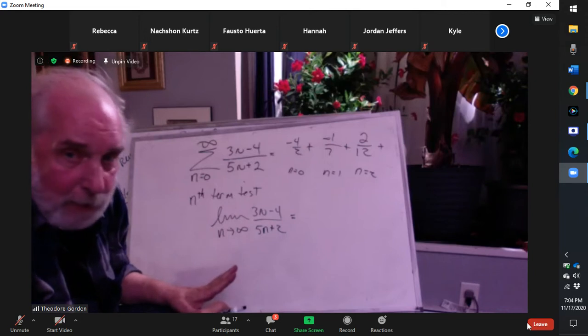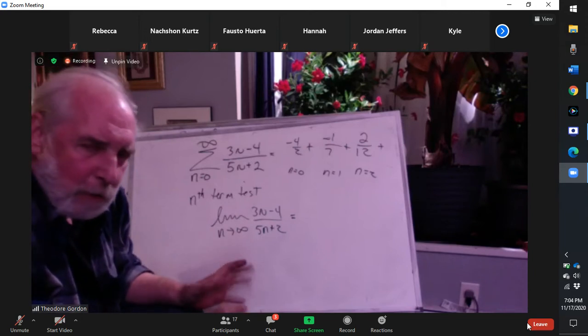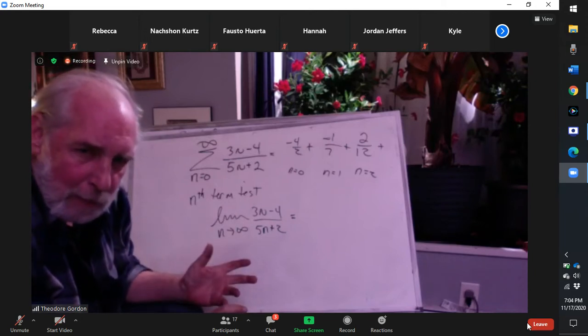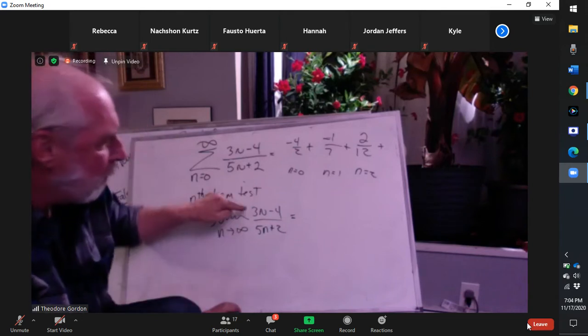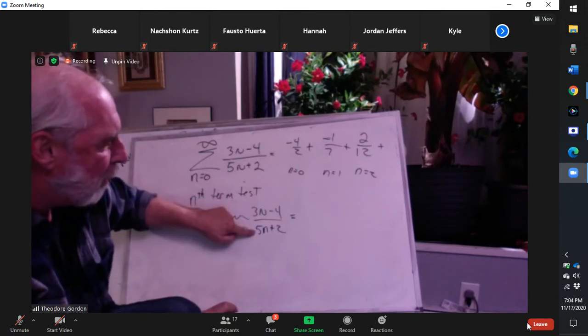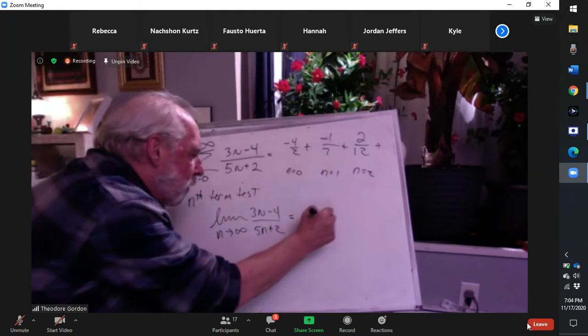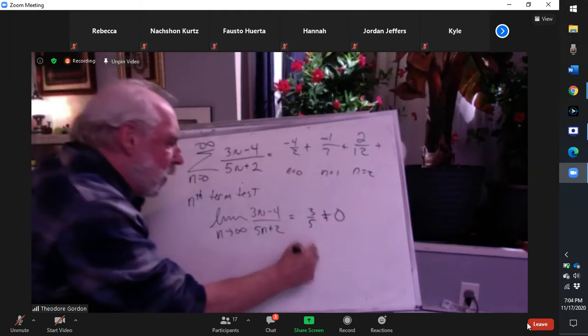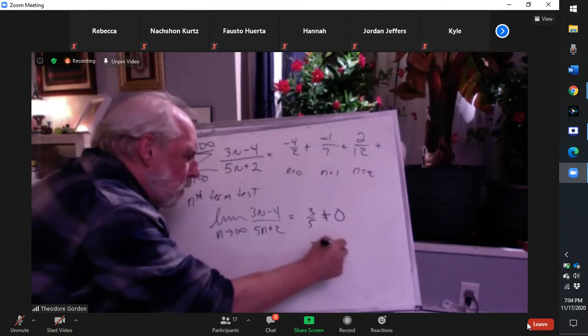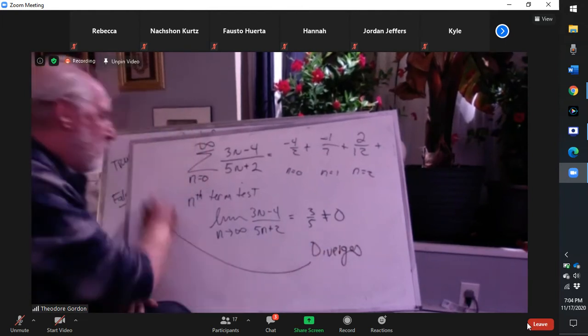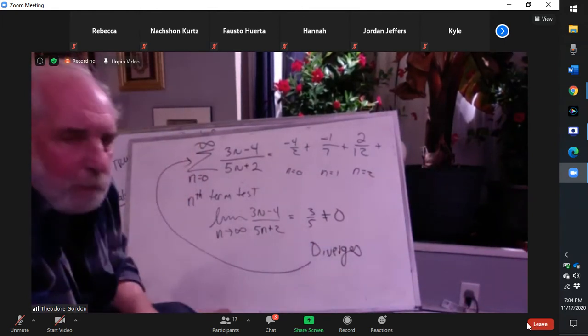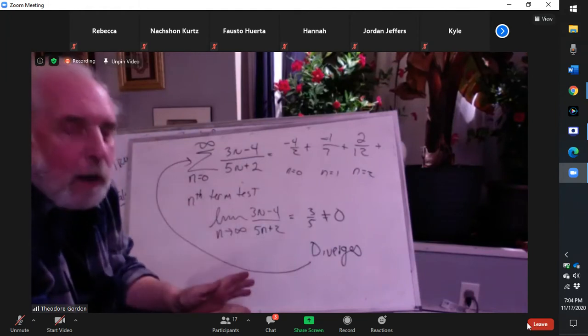That would be fine. But I'm going to give you sort of a more intuitive way to do it. So the derivative of the top would be 3, derivative of the bottom would be 5, and we would get 3 over 5, which is not 0, which means that series diverges. We are done with that problem and we move on.